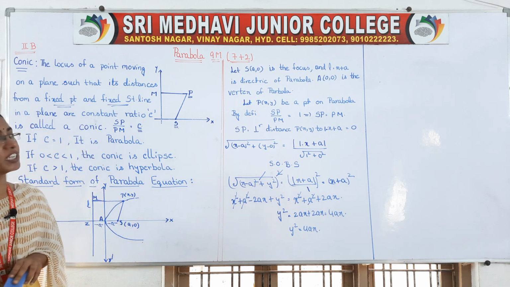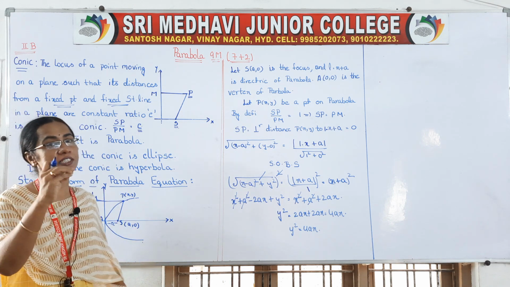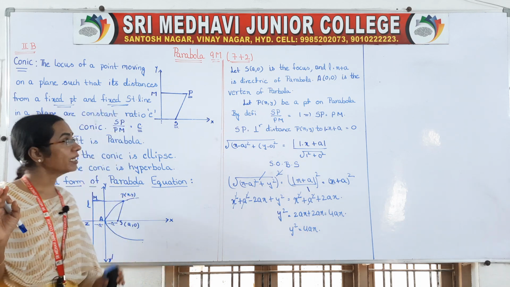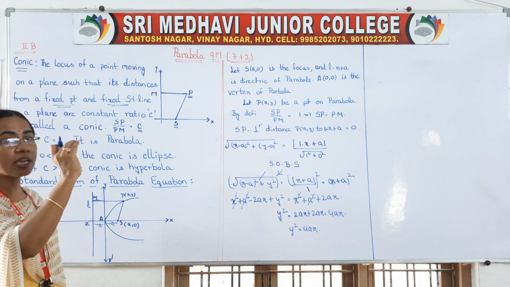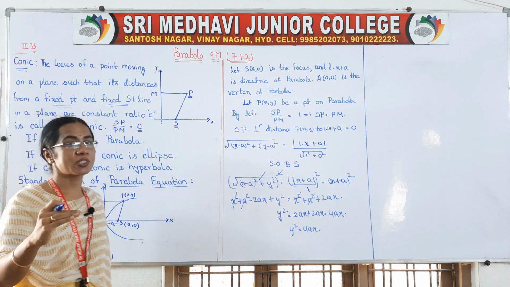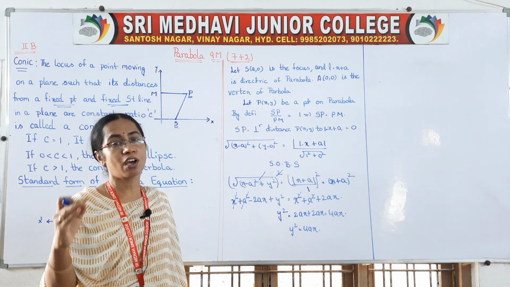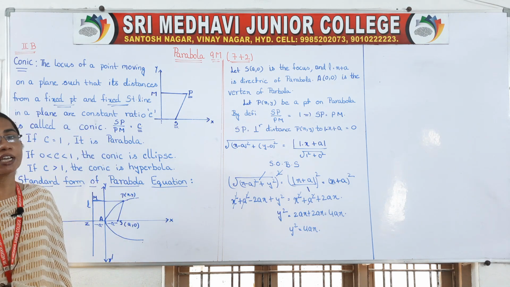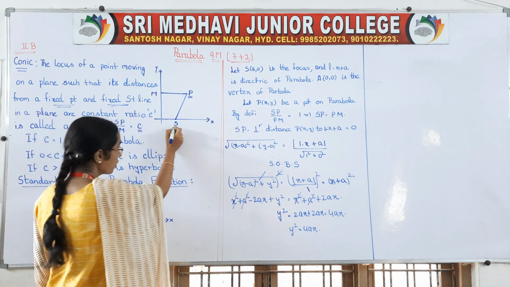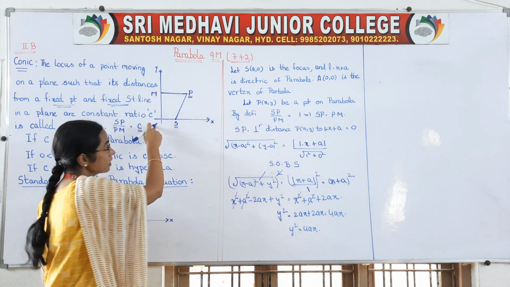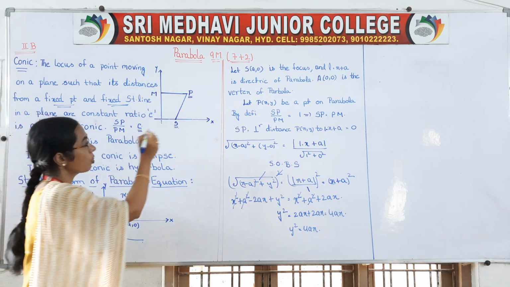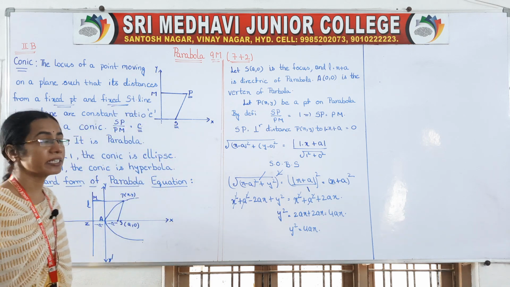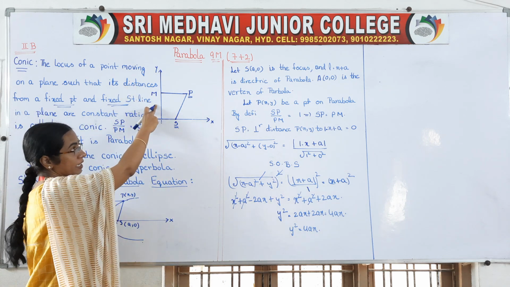Now come to the definition of conic. Conic is nothing but the curve made by a point which moves in such a way that it maintains a constant ratio of the distances from a fixed point and fixed line. That fixed point is called the focus and fixed line is called the directrix.